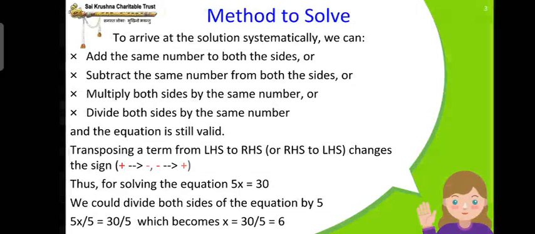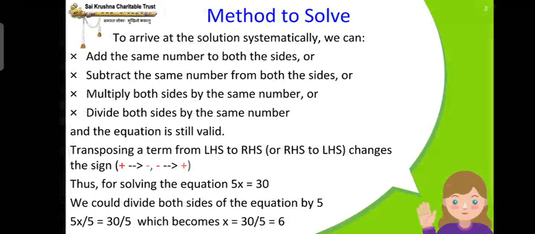And we have something called transposing a term. When you are transposing a term from LHS to RHS or RHS to LHS, it can be either way, what happens to the sign? When it is a positive sign, it changes to a negative sign. When you are transposing from LHS to RHS or RHS to LHS, only then you have to change the sign.